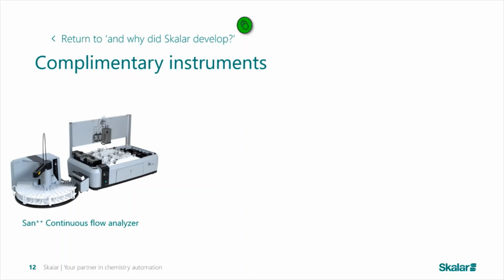And these can be configured for small or large sample batches for simultaneous or sequential analysis. Just a few examples here: total cyanide, phenol, anionic surfactants. Just a few examples there of what I mean by analytically complicated parameters. Total nitrogen, total phosphate, of course.